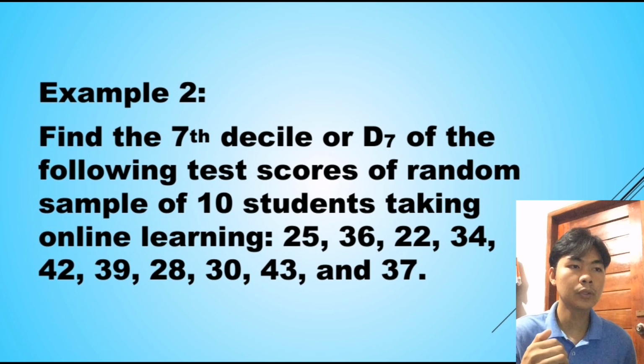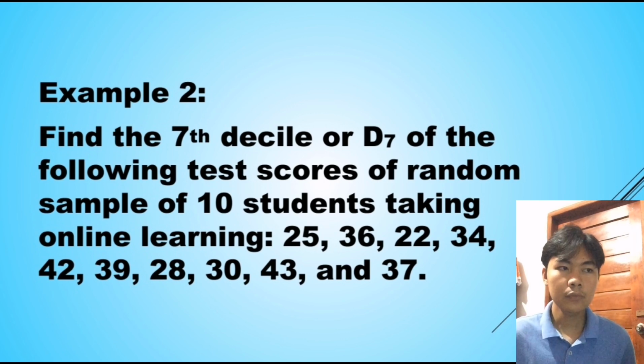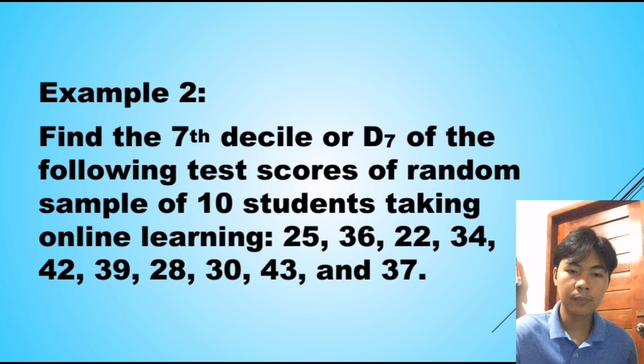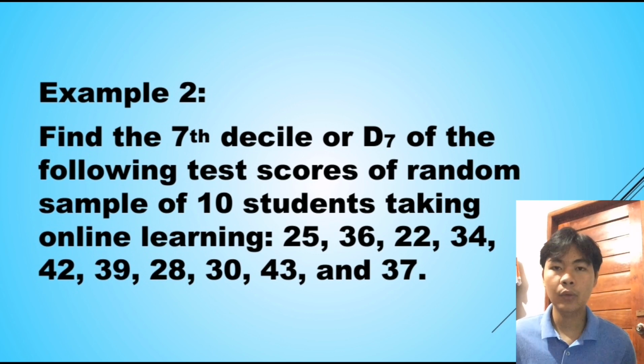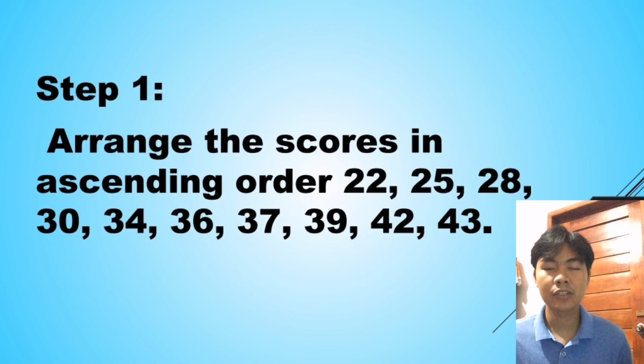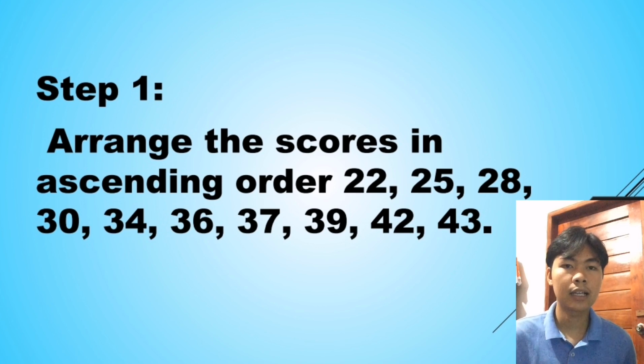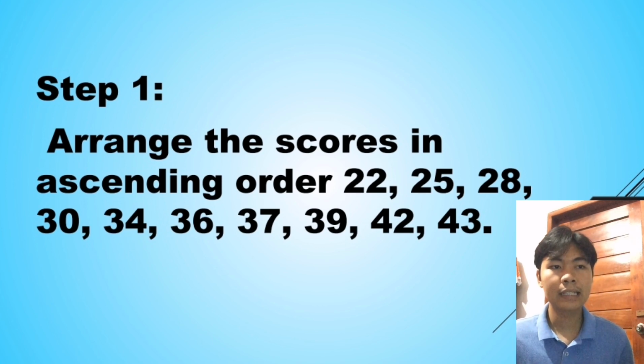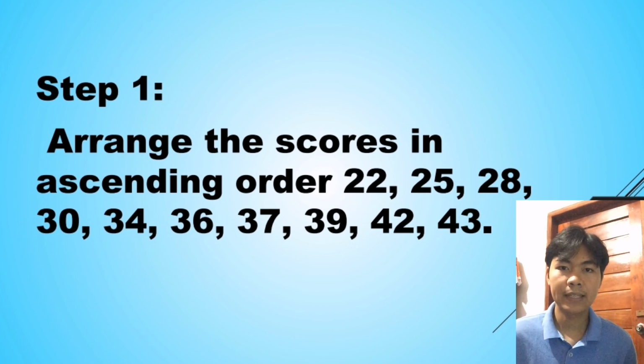So given yung sample natin or yung data natin in a random order, kailangan nating tandaan that our first step is to arrange our data in ascending order. So from that random order, makukuha natin ang 22, 25, 28, 30, 34, 36, 37, 39, 42, and 43.